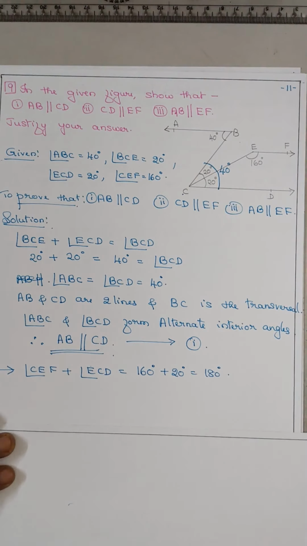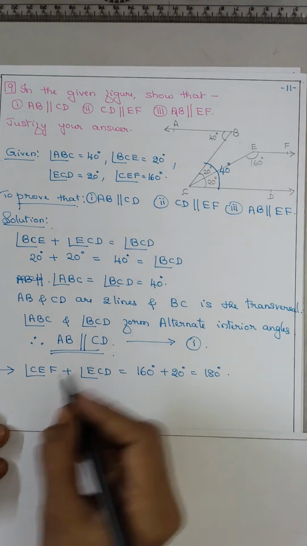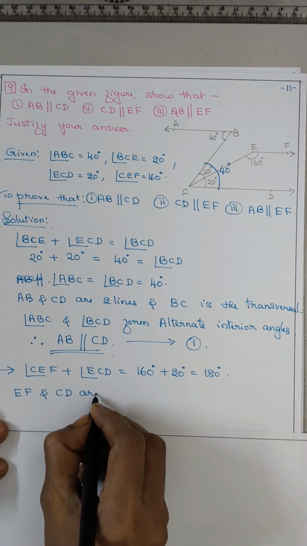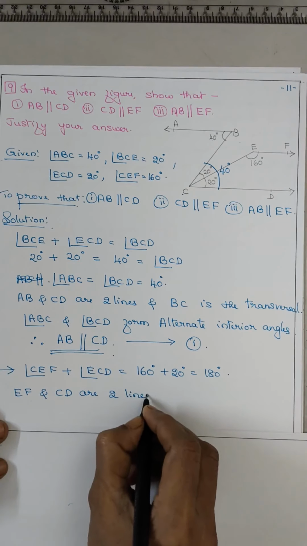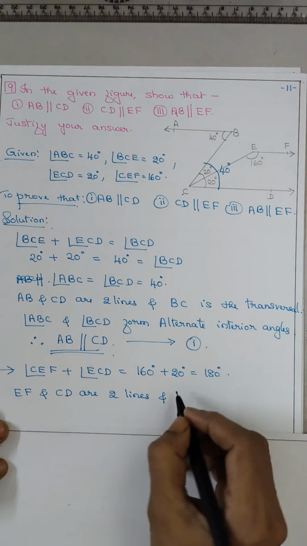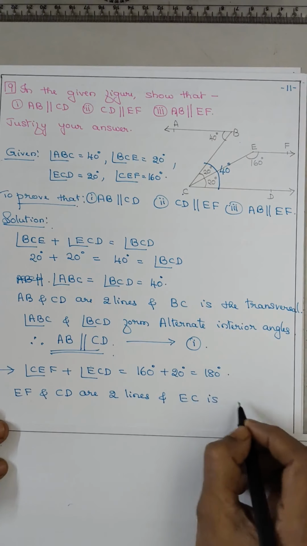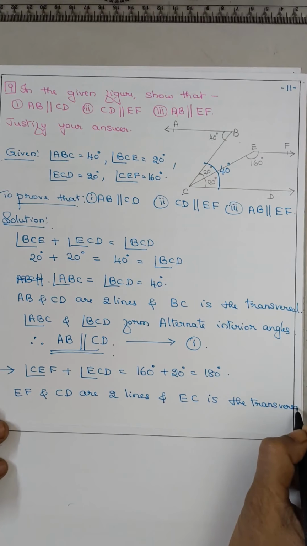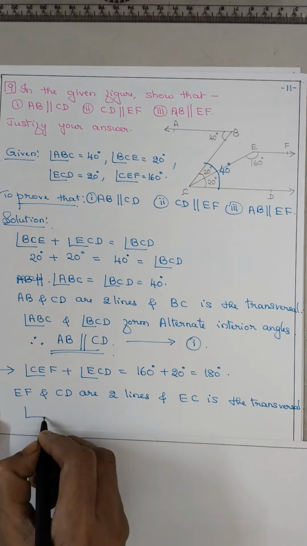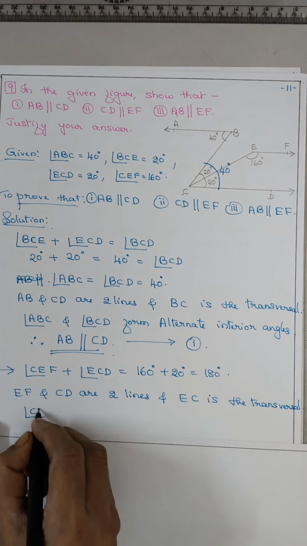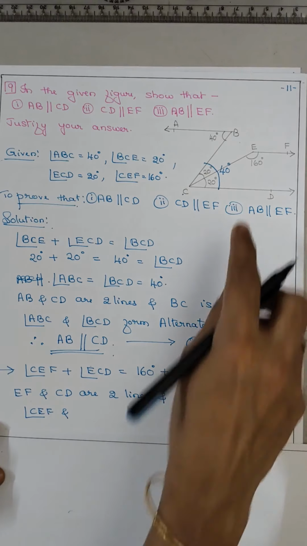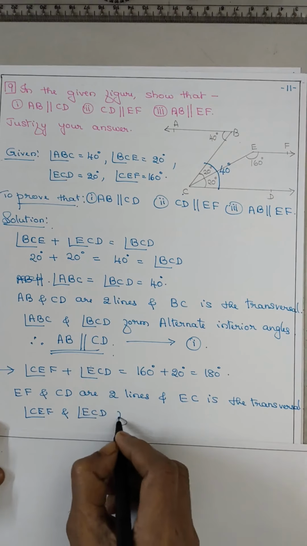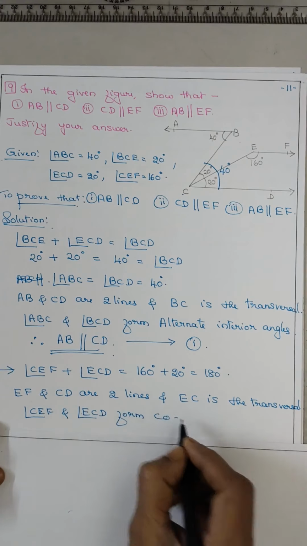That means if EF and CD are two lines and EC is the transversal, then angle CEF and ECD form co-interior angles.